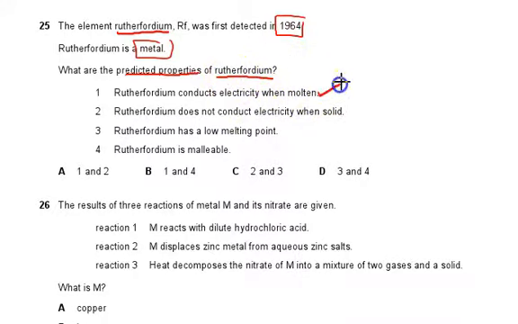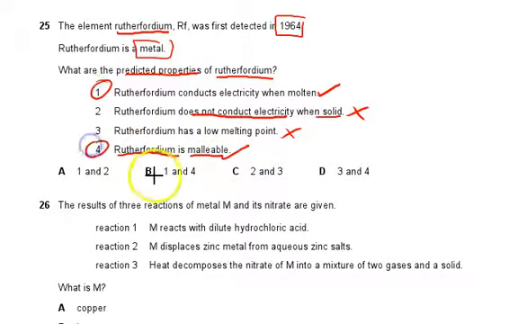That is correct. Does not conduct electricity when solid? No, wrong. All metals have a high melting point and boiling point, so this is wrong. And rutherfordium is malleable. Yes, all metals are malleable. So it's 1 and 4, which is B here.